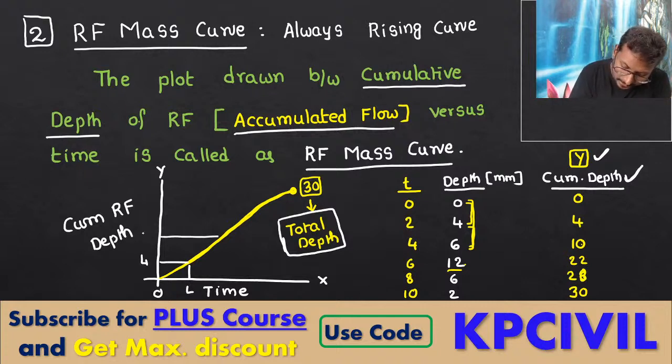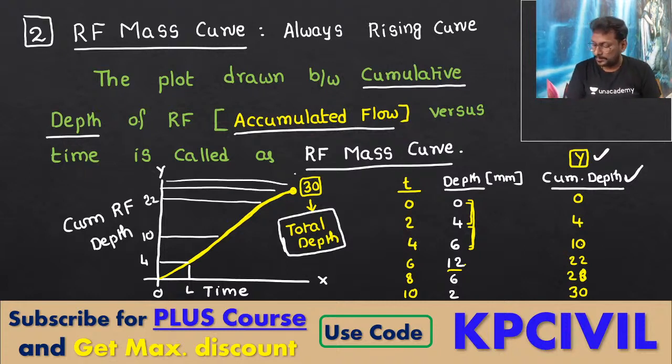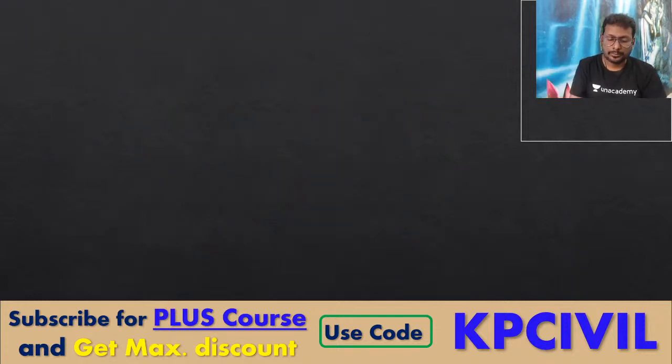This is 10, this may be 22, this is 28 and that is 30. You understand? It is not intensity. It is clearly mentioned: y ordinates are the cumulative depth of rainfall, not intensity values. Third one.